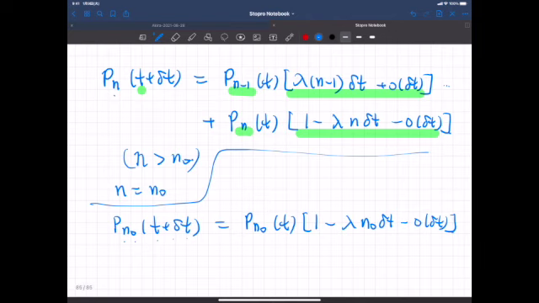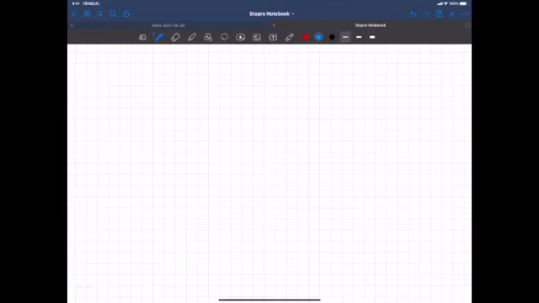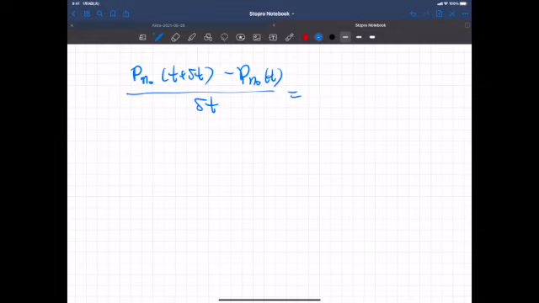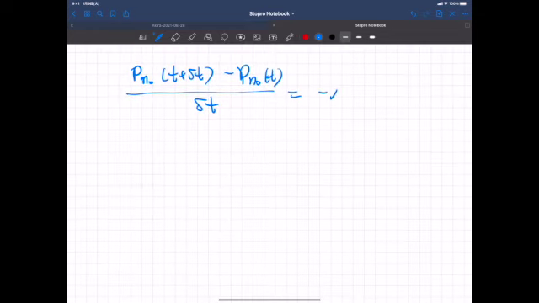So let's first consider the second one. If we distribute this, move one of the terms here and divide everything by delta t, we have this equation: P n0 of t plus delta t minus P n0 of t, over delta t, equals minus lambda n0 P n0 of t plus or minus something of the order of delta t divided by delta t.